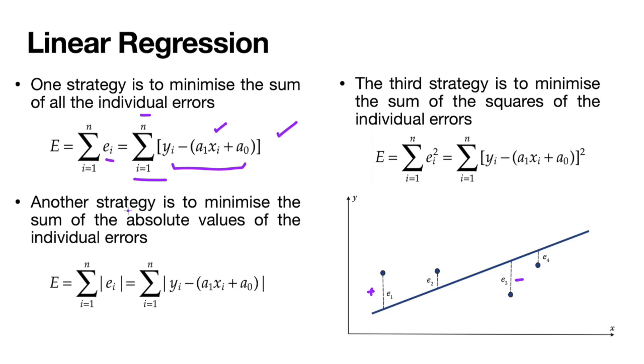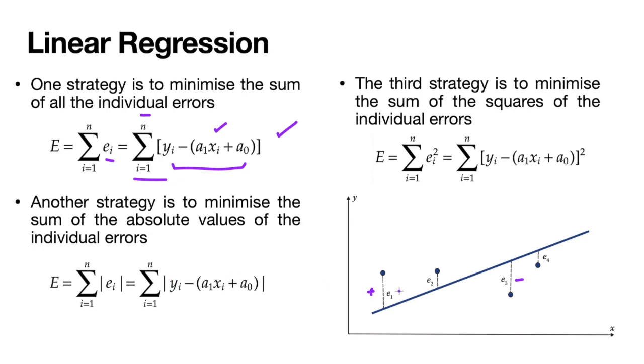In order to minimize the error value, since the positive and negative values could cancel each other out, one way to solve this problem is to use the absolute errors.